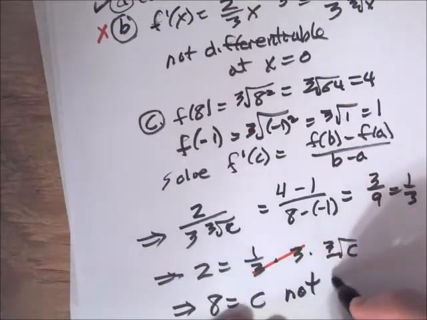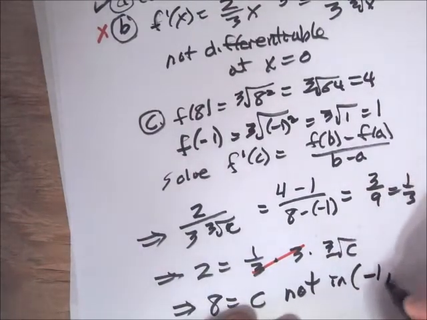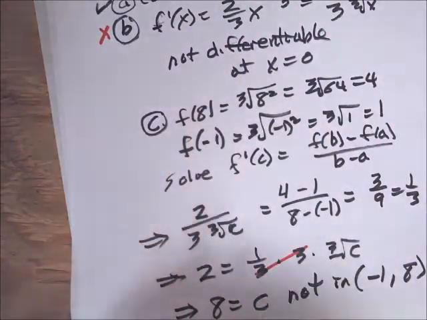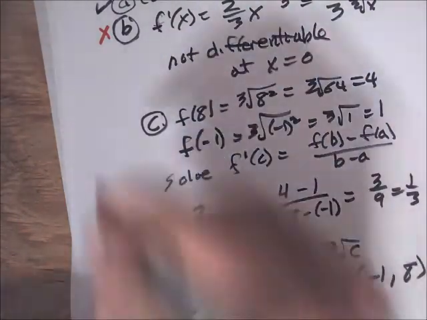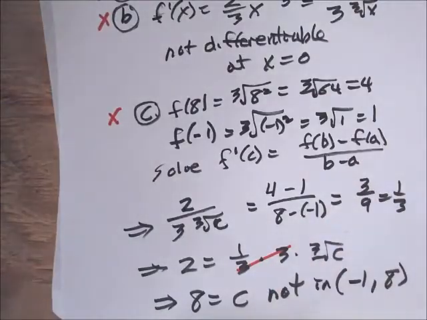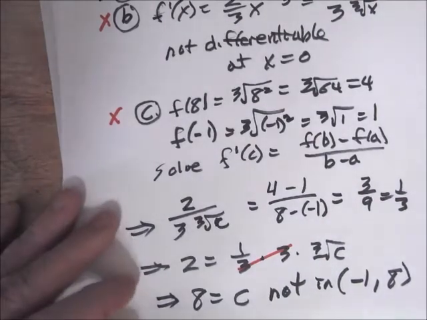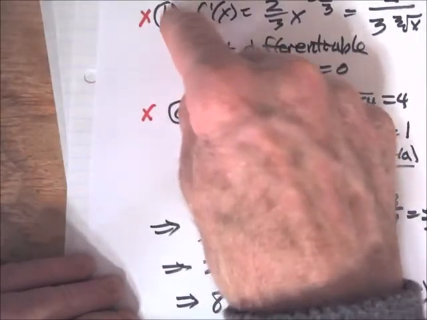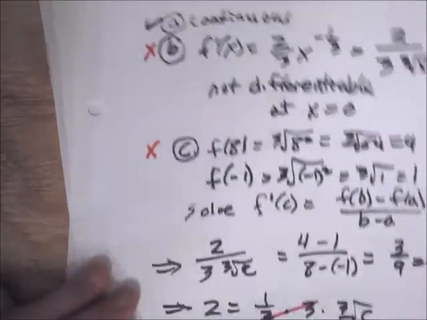That's one of the endpoints, not in minus 1, 8. So the conclusion is not satisfied. We didn't find a number in the open interval with that slope. Again, if the original hypotheses are not satisfied, then maybe the conclusion is satisfied, maybe it's not.